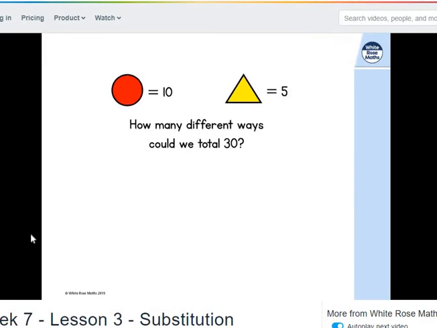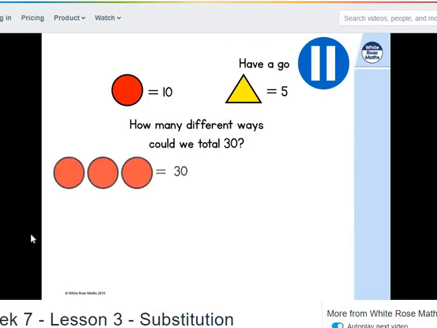So using these two symbols, how many different ways are there to total 30? Pause the video, have a go for yourself first. How did you get on then? There's lots of ways we could have done this, but I'm just going to look at the ones using addition for a start.